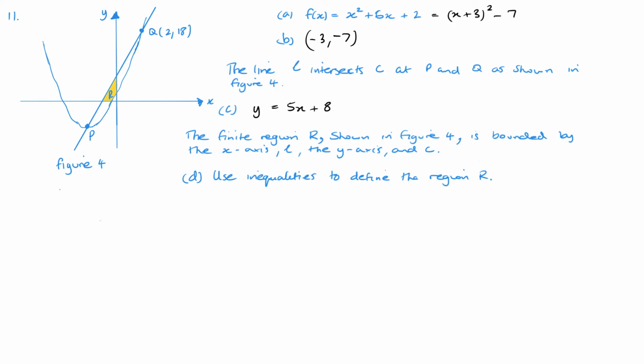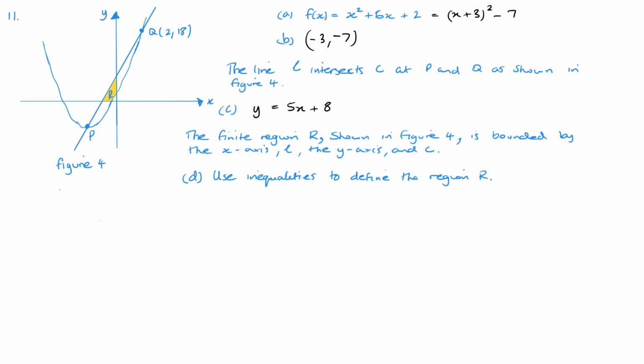Dashed lines usually mean that it's not equal to, but it would be a greater than or a less than. So they're all going to contain equals, but just be careful on any questions you get. Bold lines means it includes that line, and a dashed line means it would not include that line. So just be careful there.